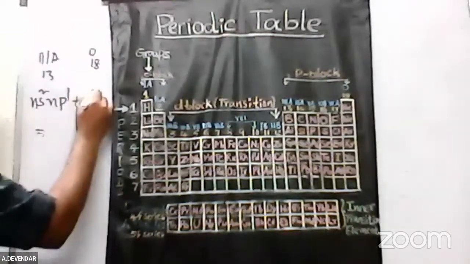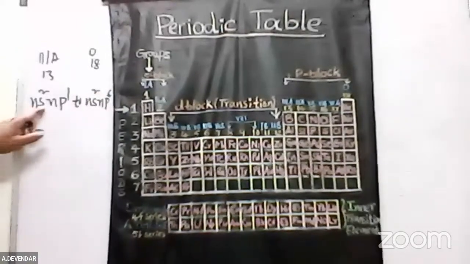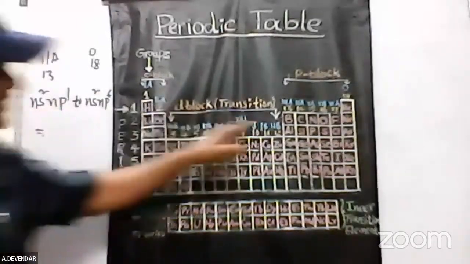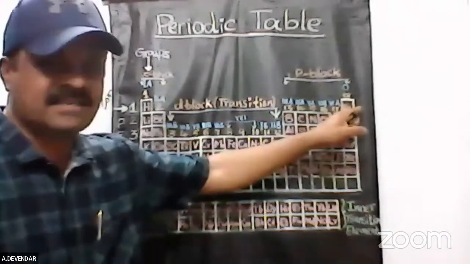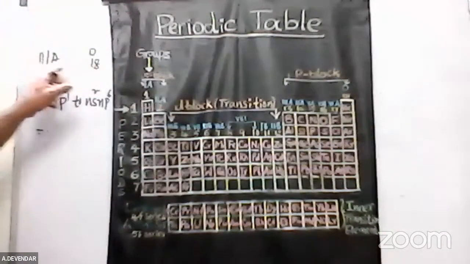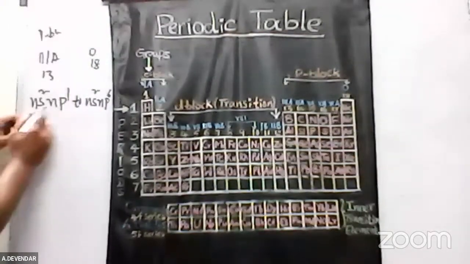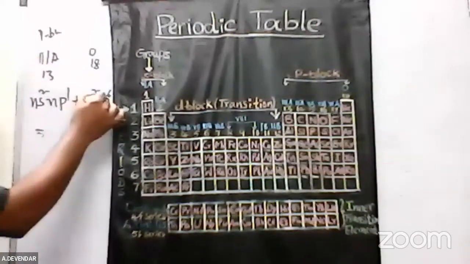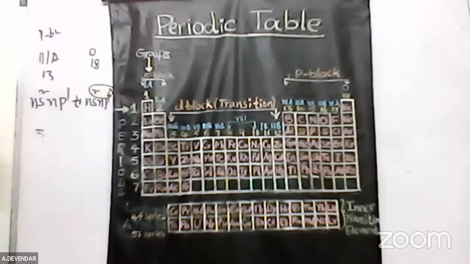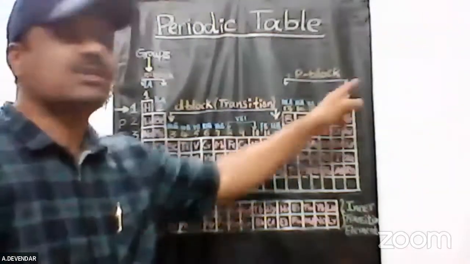What is the electronic configuration? NS2, NP6. So NS2 NP1 to NS2 NP6, that is NP2, NP3, NP4, NP5, NP6. The electronic configuration varies in the P block elements from NS2 NP1 to NS2 NP6. Totally 8 electrons are present. This is the octet, 8 electrons. These are called P block elements. P block elements are from 3A to 0 group.